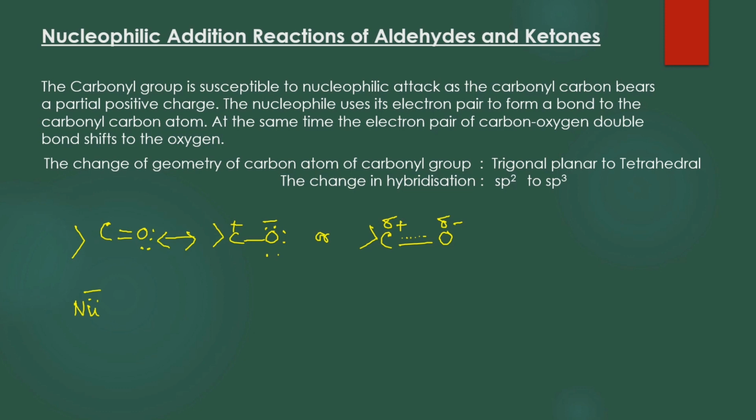Nu minus is the nucleophile, and the carbonyl carbon atom is easily attacked by nucleophile Nu minus, resulting in the formation of an intermediate like this.